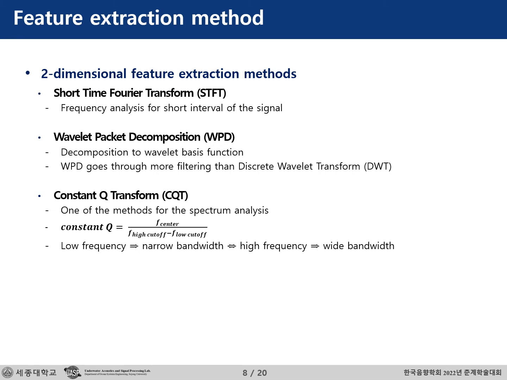And constant Q transform. Constant Q transform is a one-off spectrum analysis method, and this is how we can calculate constant Q. Same as other human auditory system-based features, this also has narrow bandwidth in lower frequency.